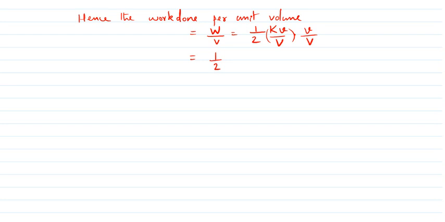This term will be the stress, stress into, and this one will be strain. So we got the work done per unit volume will be half into stress into strain. So this is the final equation.